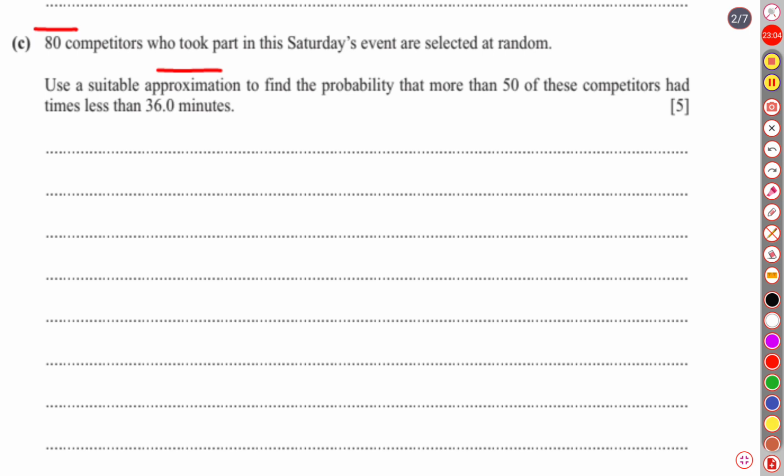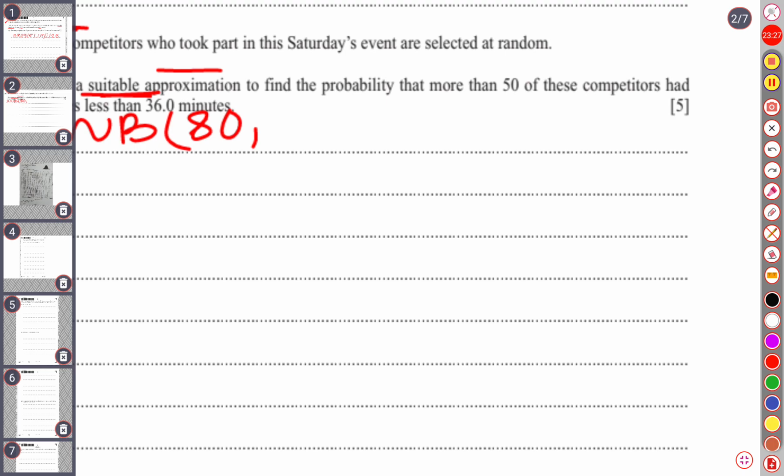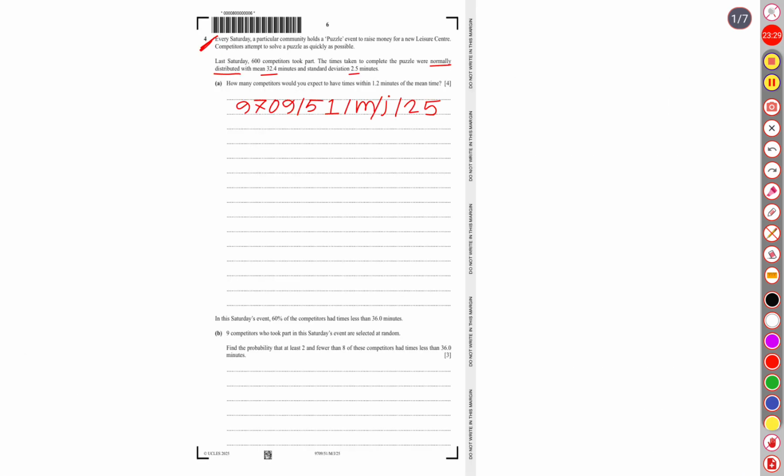So as usual, we are going to write x belongs to a binomial distribution, and for the binomial distribution our N is 80, and we write the probability that competitors had time less than 36 minutes. For less than 36 minutes, what is the probability? Let us see from the previous page.